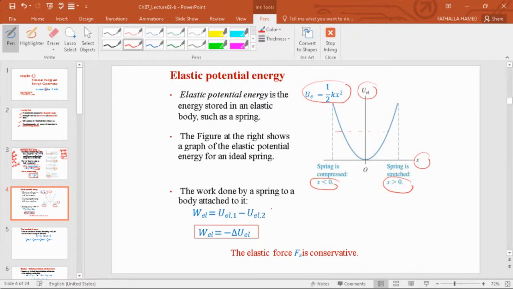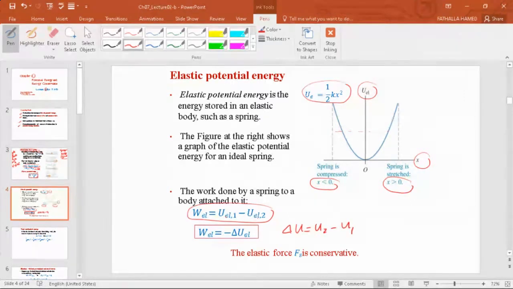Now, as we did in the previous slide, we said that the work done by the elastic spring here is U elastic 1 minus U elastic 2, which is equal to minus delta U. You know that delta U should equal U2 minus U1.